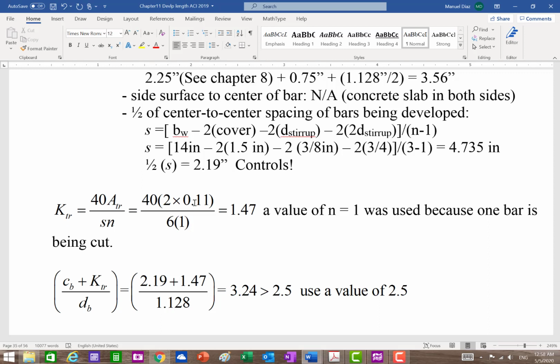So you do 1 leg, it would be 40 times 0.11 divided by 6. That would be 0.73 plus 2.19, right? And you divide by 1.128. So it gives you 259. So you're still going to use 2.5.